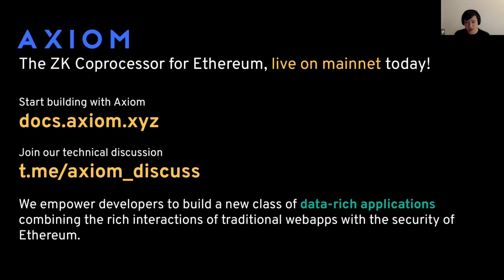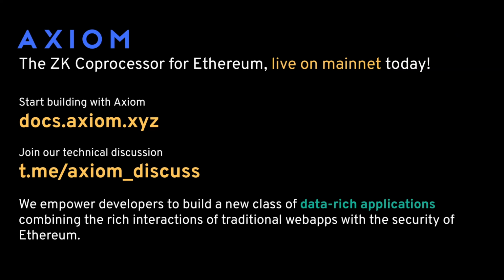One thing that's interesting about Axiom is we don't actually rely on consensus at all. We only rely on the fact that every block of a blockchain commits to its complete past. That means anything we prove is always going to be objectively true on the chain that we proved it to. So we don't really have to worry about these consensus or hard fork issues.